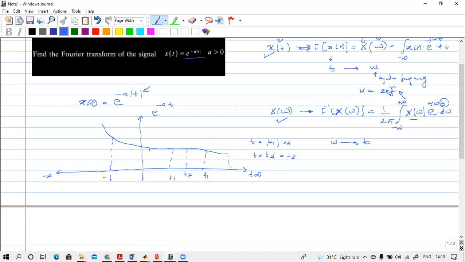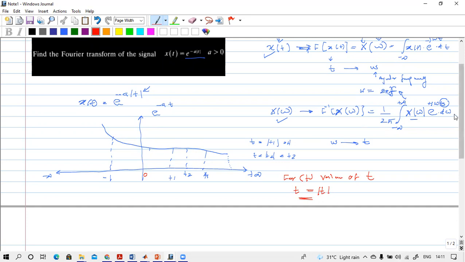So note that for plus values of t, t is equal to absolute t. No change. So for 0 to plus infinity, the absolute value gives the same result.